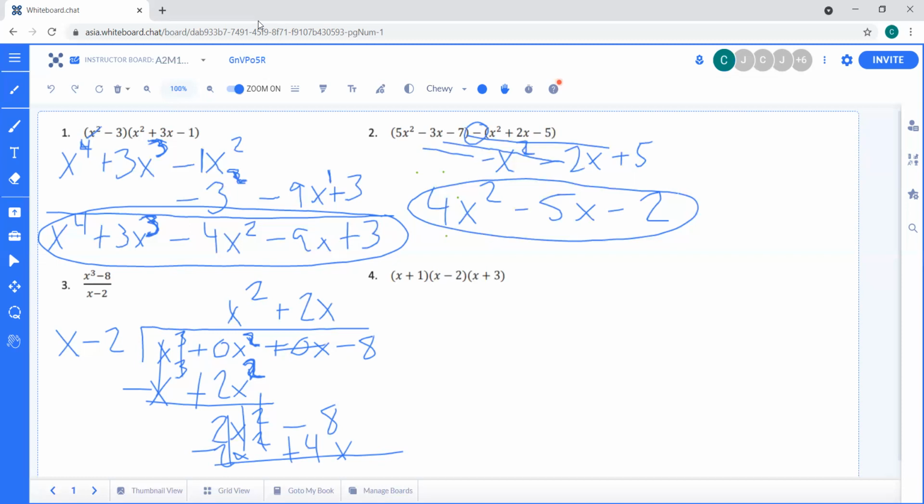So I'm going to be left with 4x minus 8. And that's going to be a positive 4. So that'll be 4x minus 8. And when I negate those, all of that cancels. There's the answer.